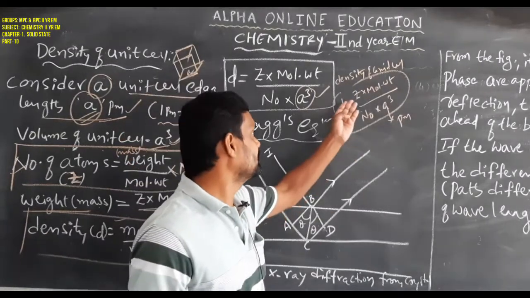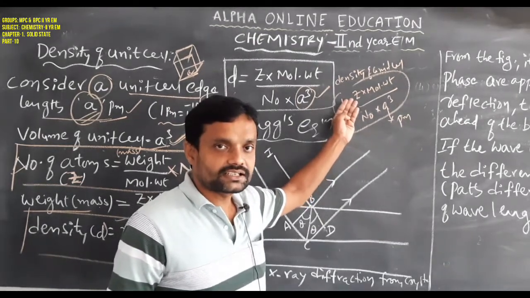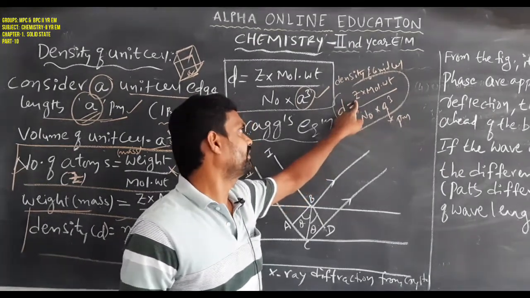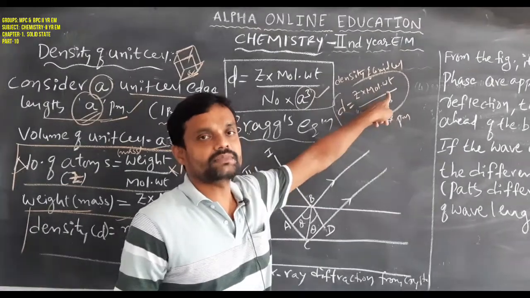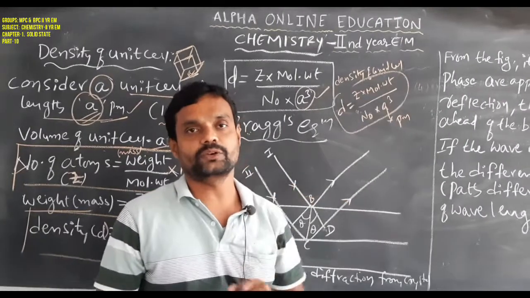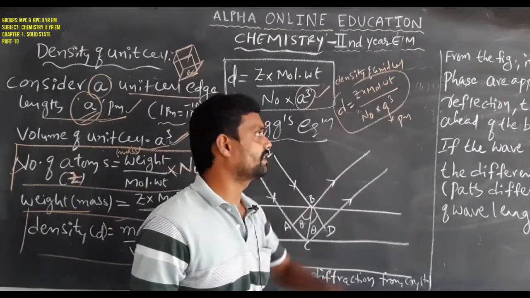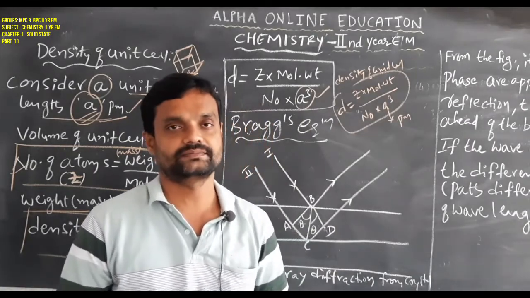So if a problem gives a face centered cubic unit cell, the number of atoms is 4. Then with the molecular weight, Avogadro number and edge length in picometers, we use that formula to find the density of the unit cell.